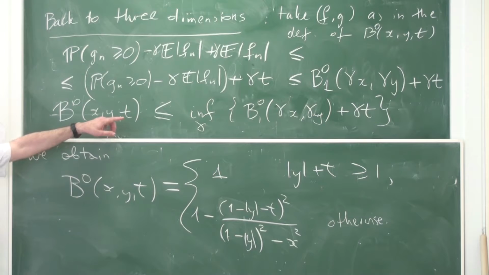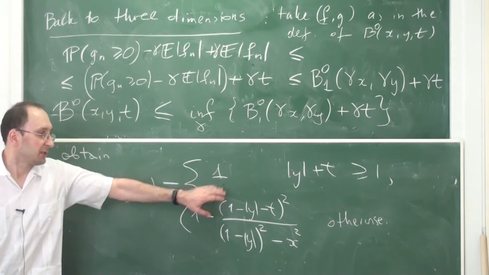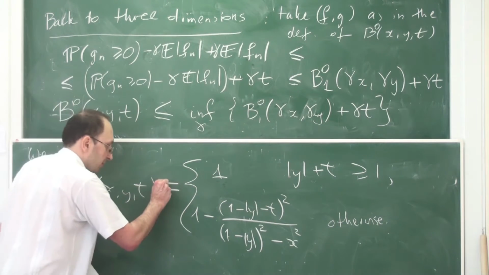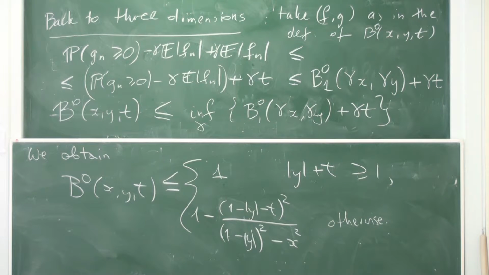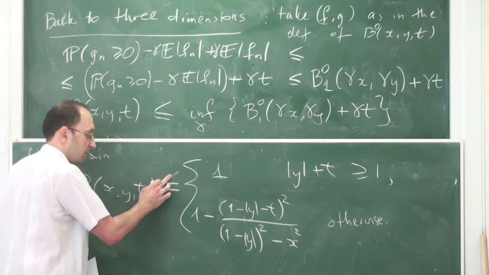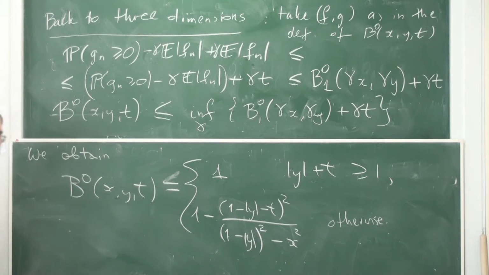Actually, this infimum is given by this thing. To be correct, we obtain this, and actually it can be shown with the use of some examples that we actually have equality here, and that's the trick.